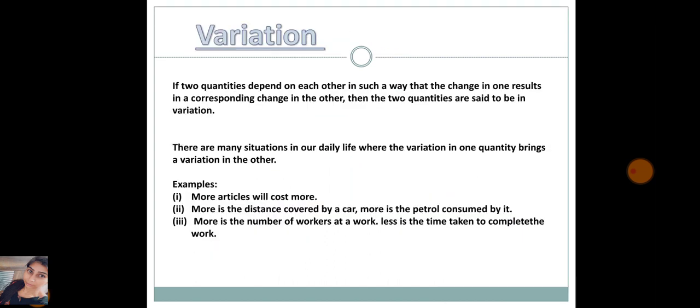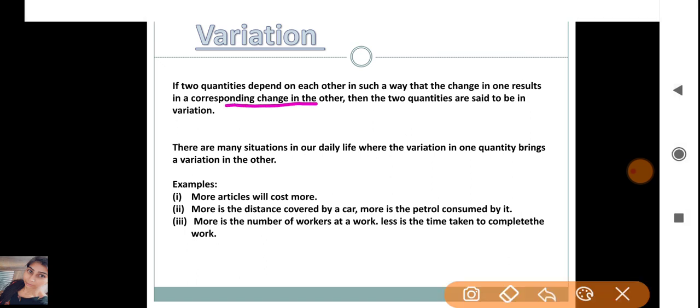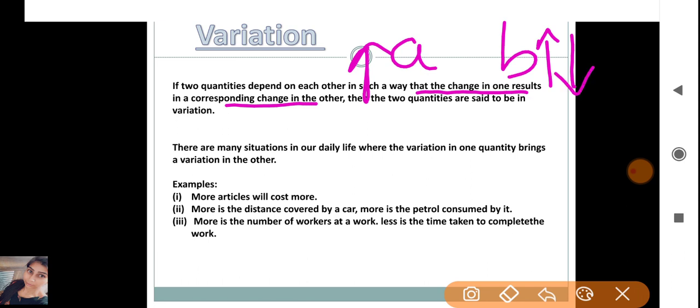So variation means what? If two quantities depend on each other in such a way that the change in one results in a corresponding change in the other. That means, suppose A and B are there. If A increases, B will either increase or decrease. If A decreases, then also B will either increase or decrease.